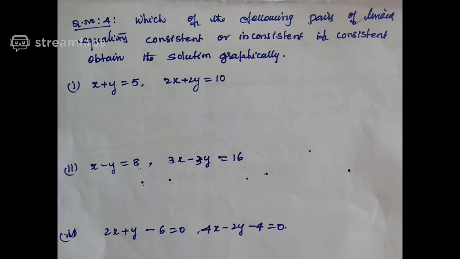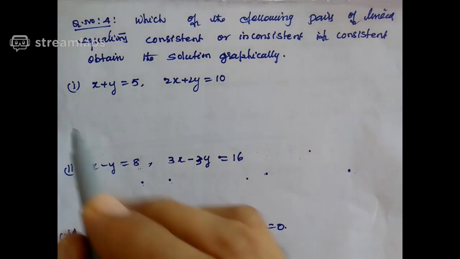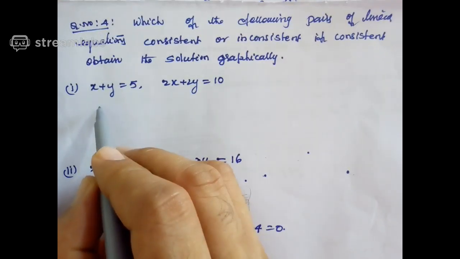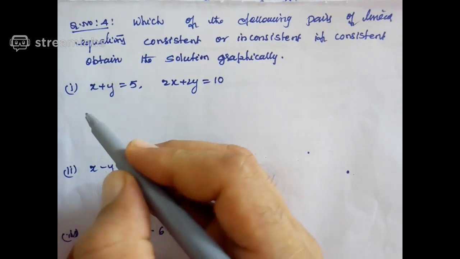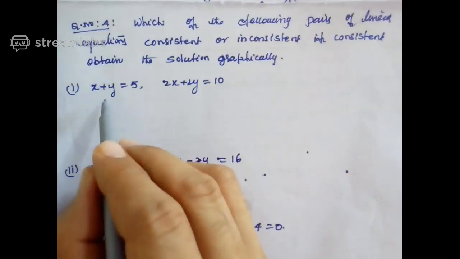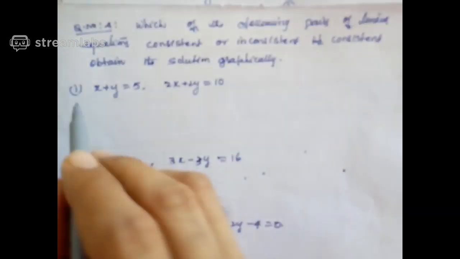We can find the solution for the equation only for intersecting lines. Coincident lines, we cannot find the solution because it has infinite number of solutions. So we can plot the graph only for intersecting lines. Intersecting lines and coincident lines are always what? Consistent. Now let us check whether it is consistent or inconsistent.